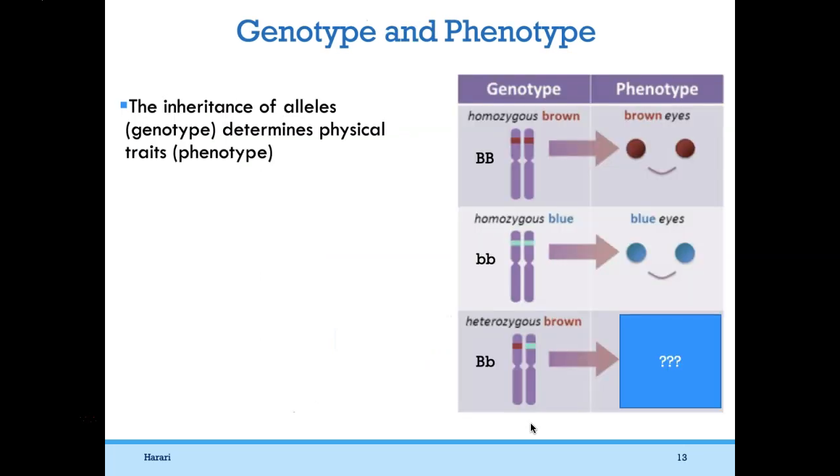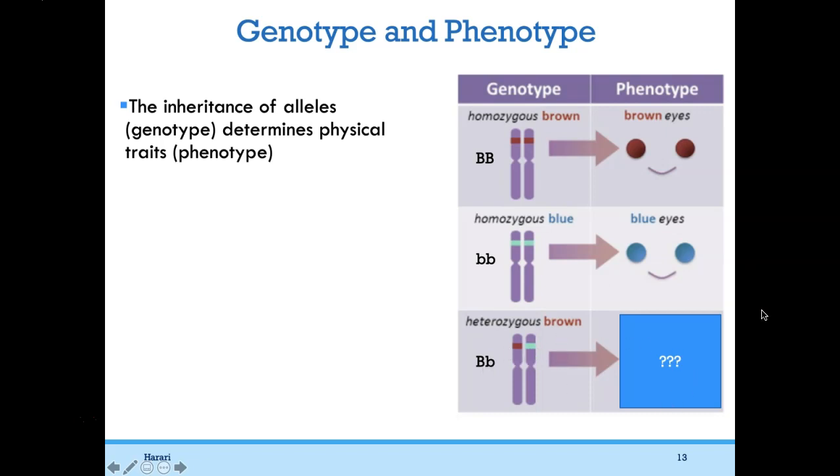So, we said that the inheritance of alleles, genotype, determines physical traits, phenotype. So suppose we have a homozygous brown-eyed individual. The genotype would be big B, big B, and the phenotype would be brown eyes. The homozygous blue-eyed individual would be little b, little b, and would have blue eyes. What about if mom and dad each gave a different allele, and you had a heterozygous big B and little b?